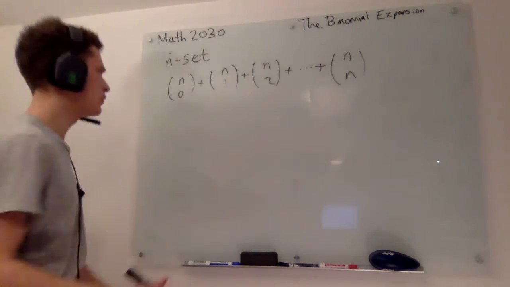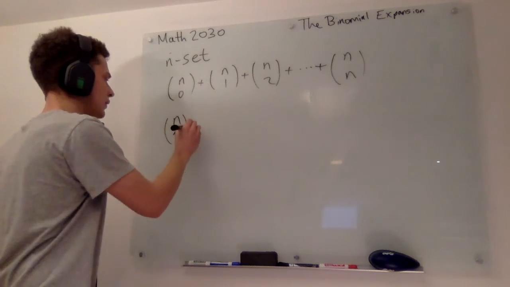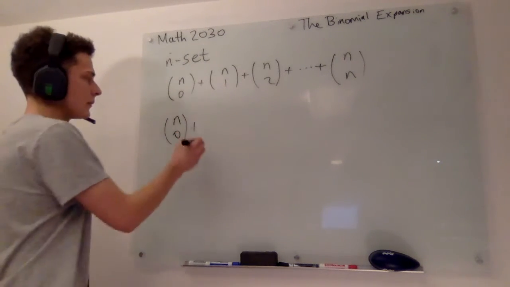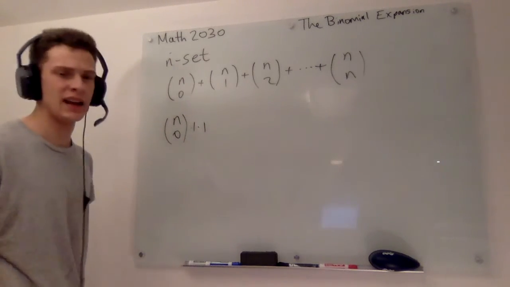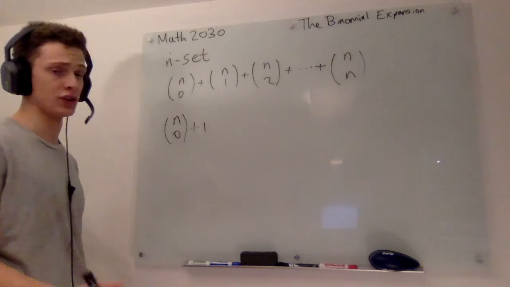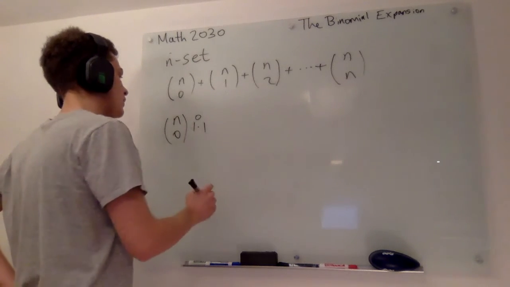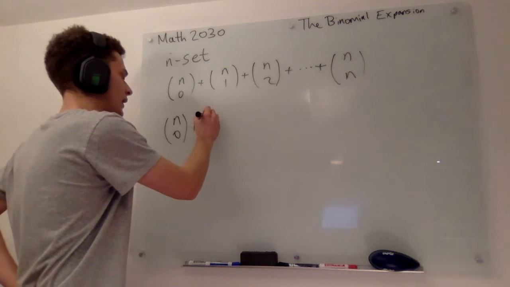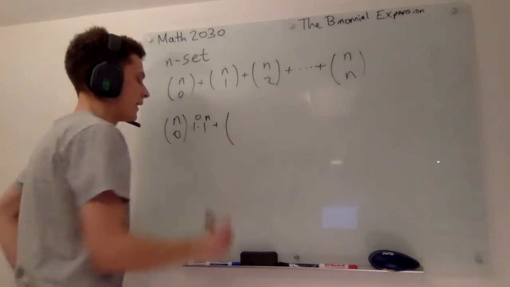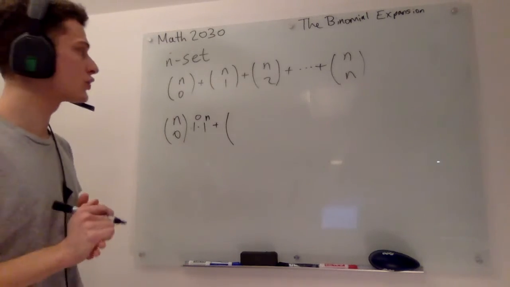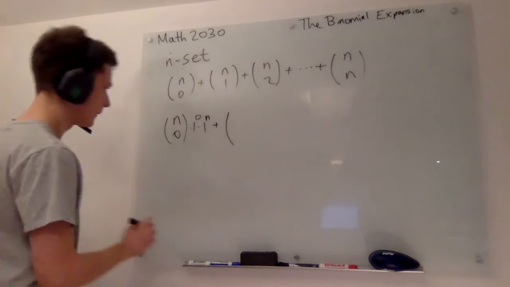And the only way we could do this is n choose 0 times 1, that doesn't change it, times 1 again, and we can raise 1 to any power we like, and it will still be 1. So why don't we say the power 0 and then the power n. And now what we're doing here is we're just following the formula. That's where we're getting this idea from.